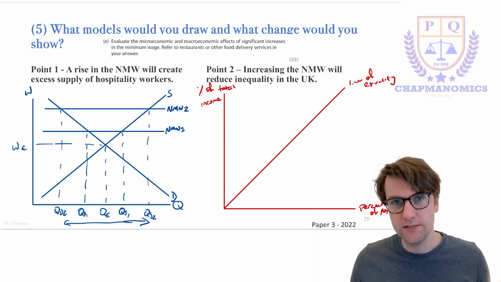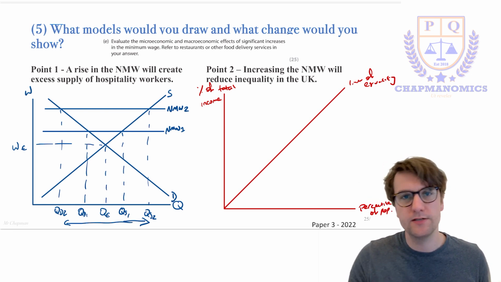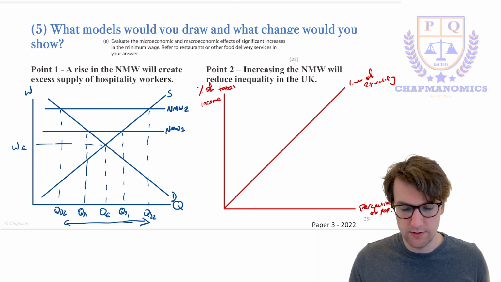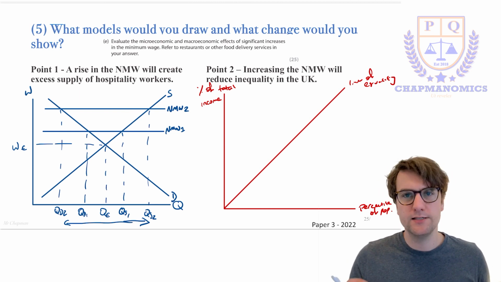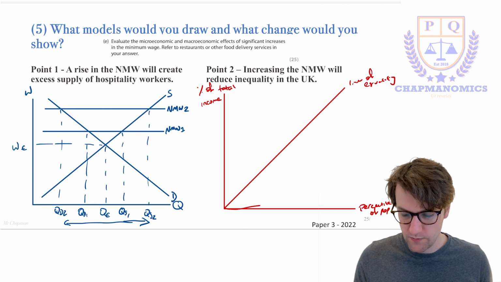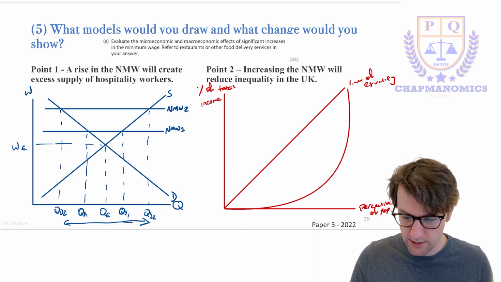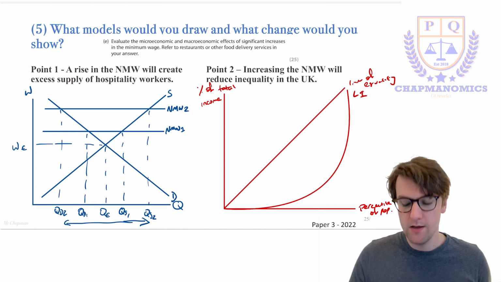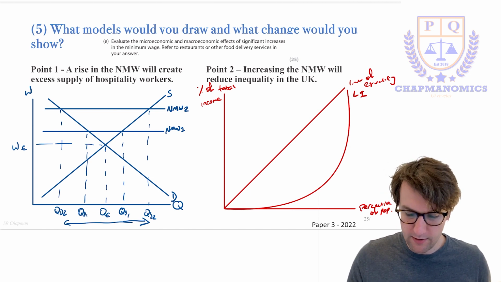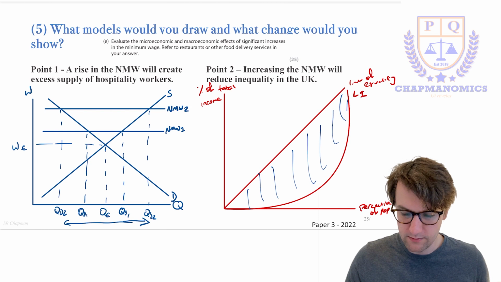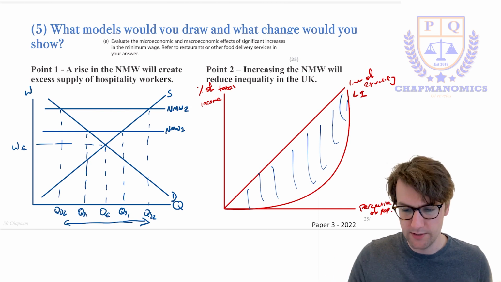So the bottom 10% would have 10% of income, the bottom 20% would have 20% of income, and so on and so forth. And now what we're saying is that this is going to reduce inequality in the UK. So therefore, my Lorenz curve, I'm going to do a nice big bow to it like this, my initial Lorenz curve, L1. And what that's showing is that there's a lot of inequality going on between our Lorenz curve and our line of perfect equality here.